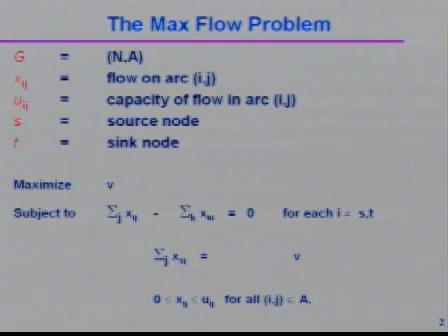So we didn't say that those V units that leave node S reach node T. We didn't explicitly state that as a constraint, but you can easily work out and observe that if V units leave node S, and if flow is conserved at every node other than S and T, then those V units have to reach node T because they don't have anywhere else to go. Okay?